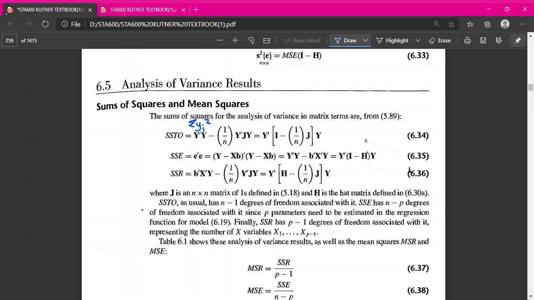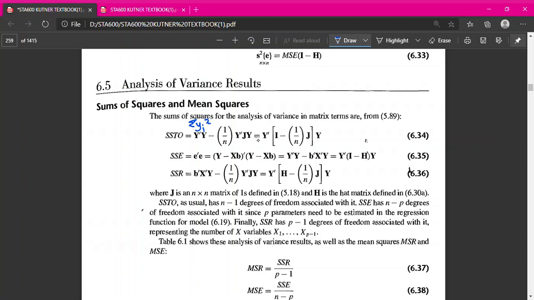y transpose J, where J is the square matrix in which all entries are 1, and then y is the matrix y.